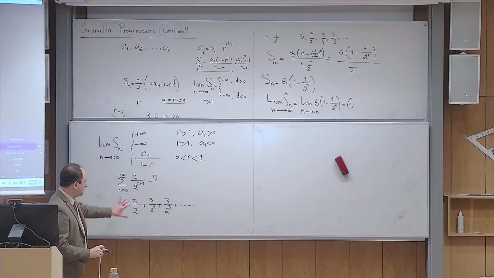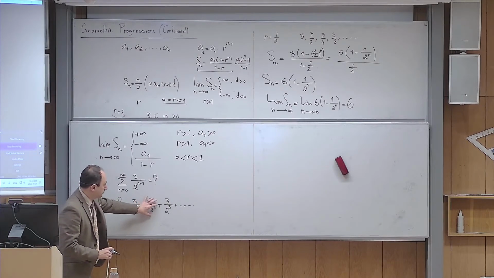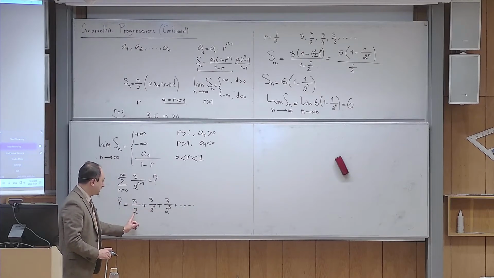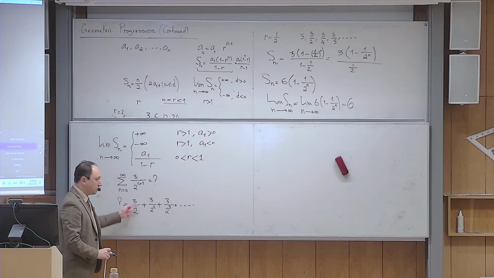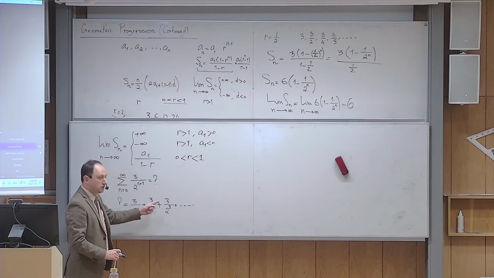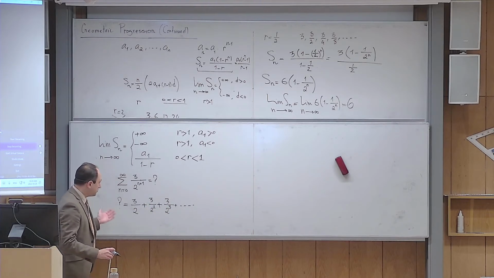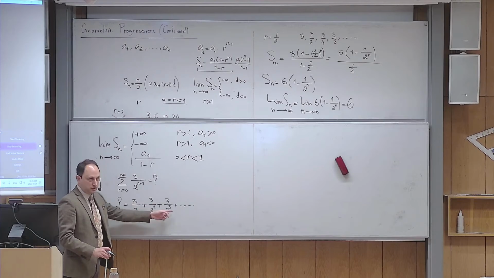How should I know that? Because I need to compare each term with the previous term. What is happening to go from here to here? This term is being multiplied by 1/2. And exactly the same thing happens here. From here to here, the term is multiplied by 1/2. So it is really true that this is a geometric sum.